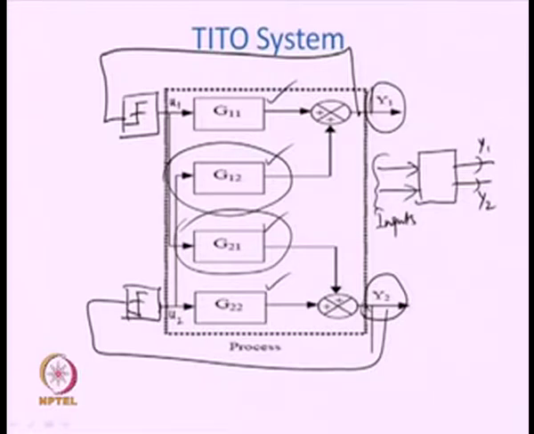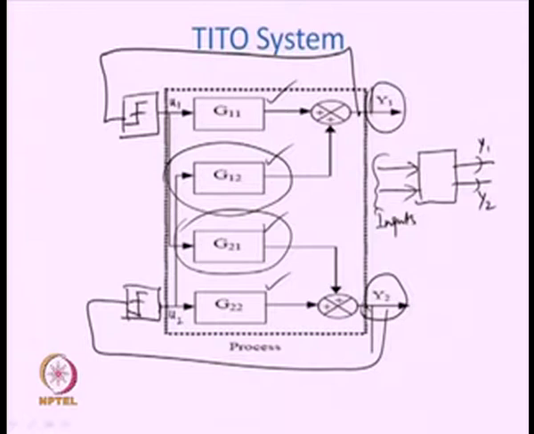But what happens due to the loop interaction is that the outputs Y1 and Y2 that we shall measure to estimate the parametric models, or the model parameters of the transfer function models, will not be straightforward, because of the presence of G12 and G21. Y1 will get affected by the loop dynamics of the second loop, and similarly Y2 will be modulated by the dynamics of loop 1.